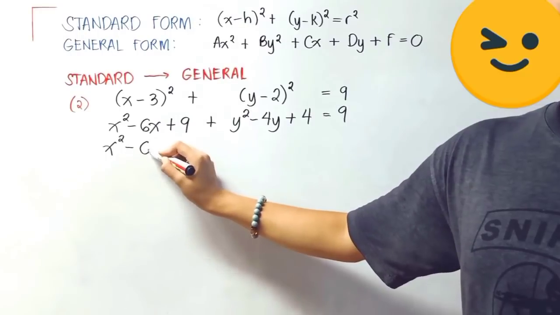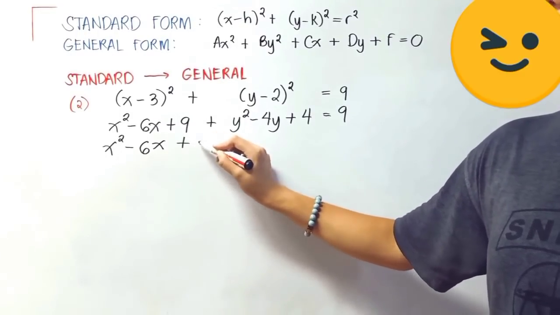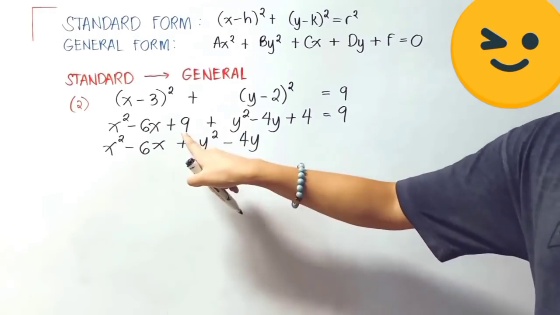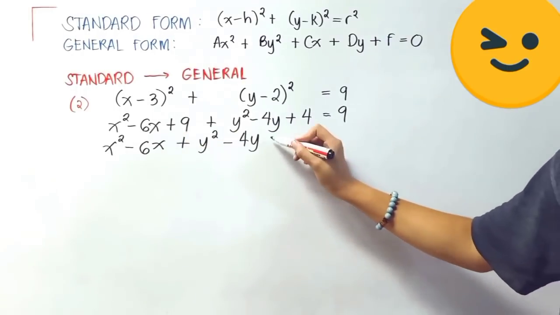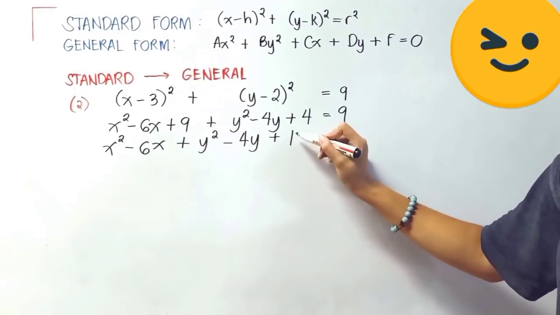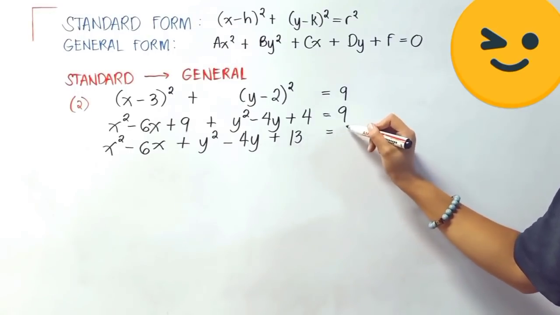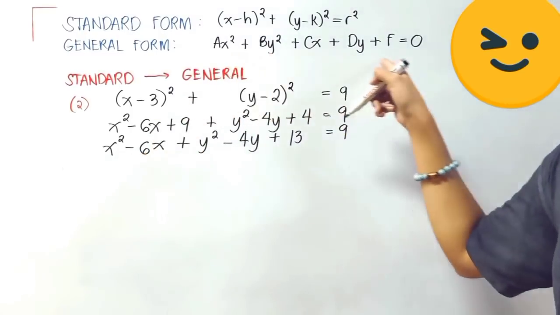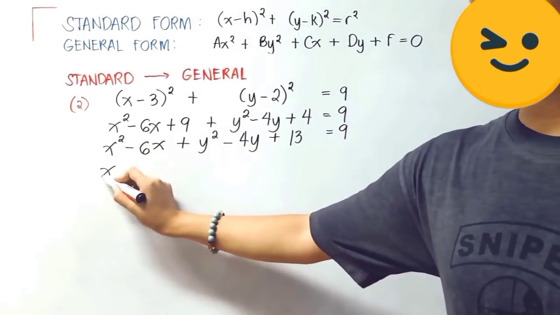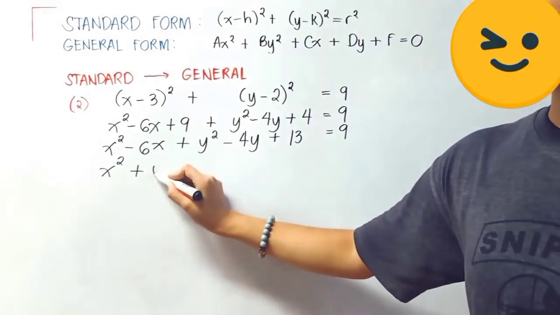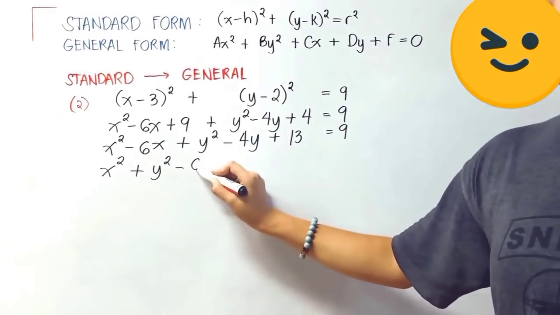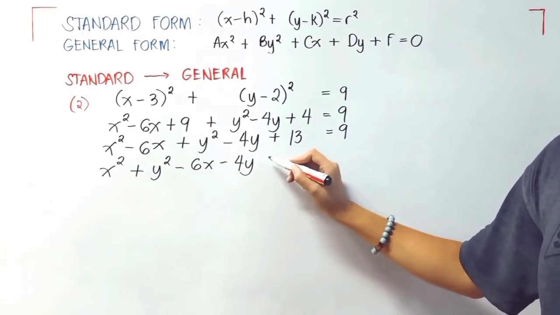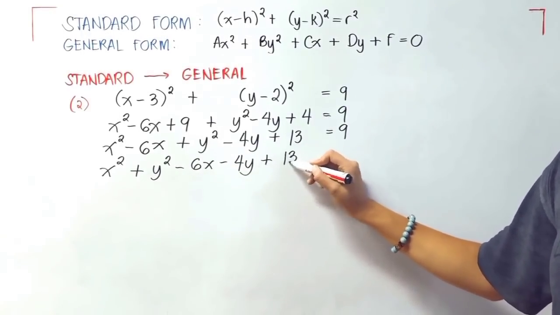Now let us operate the constants. So we'll copy this one first. And then 9 plus 4 is equal to positive 13. Now we will arrange this one according to the general form. So we have x squared plus y squared minus 6x minus 4y plus 13.